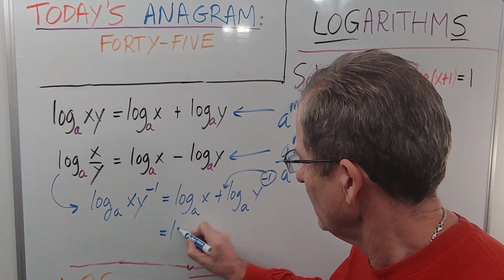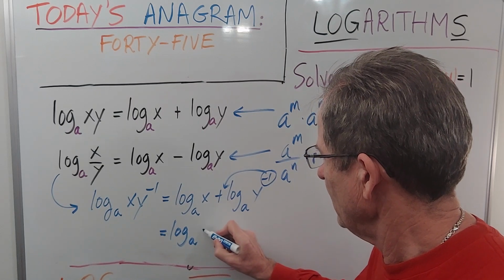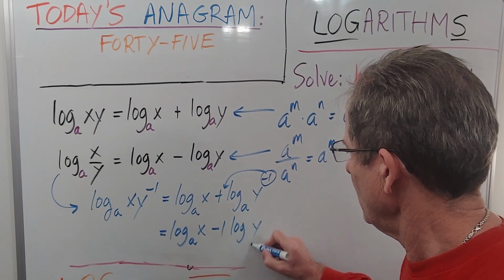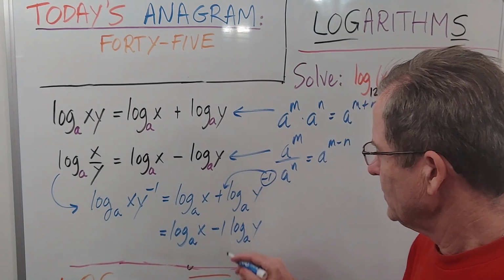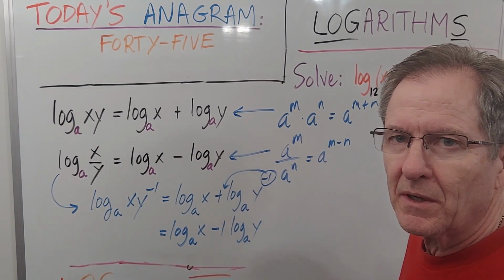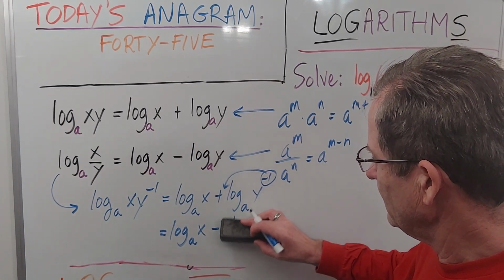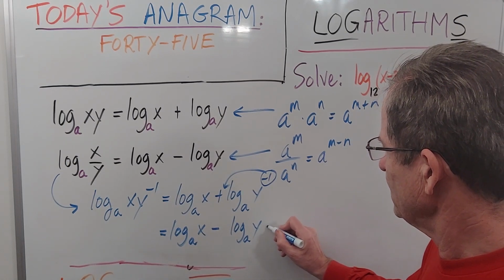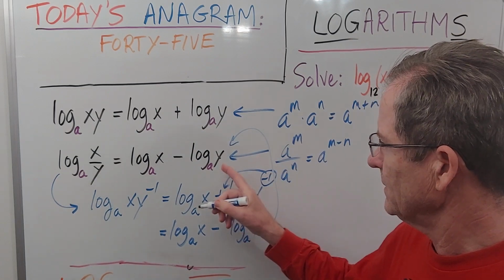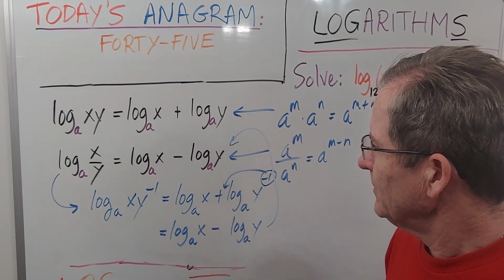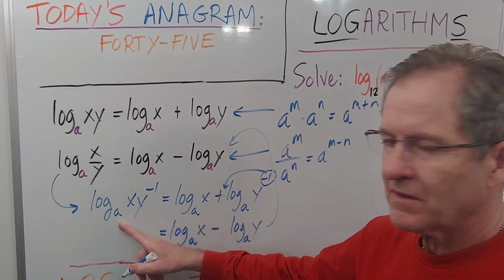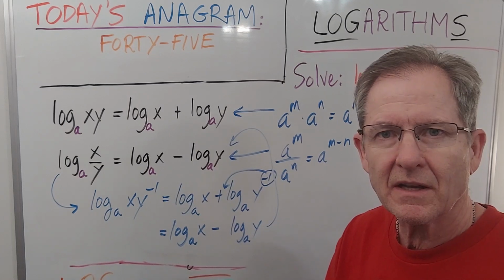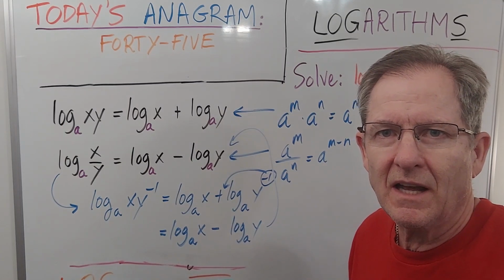So that becomes the log of x to the base a minus 1 times the log of y to the base a. Of course, you don't need the 1 there. If you want to put it there, see if I care. Now you see it, now you don't. And that becomes, of course, the second one, because this is equal to the second one. So everything, of course, with logarithms, just like everything else in math, makes perfect sense.